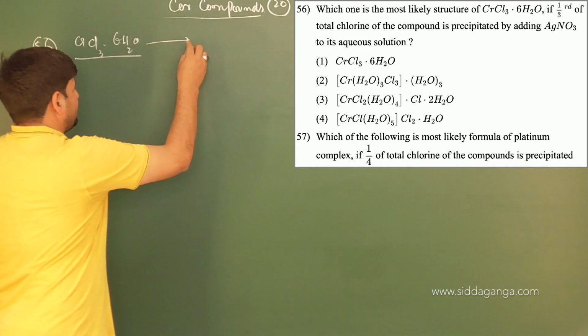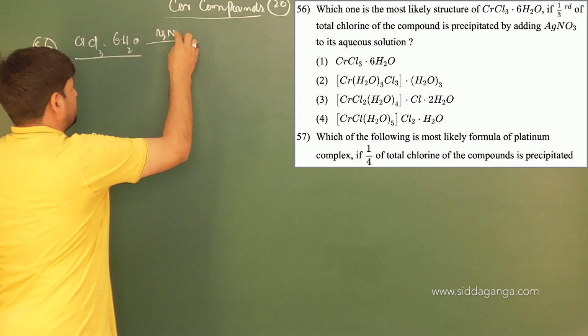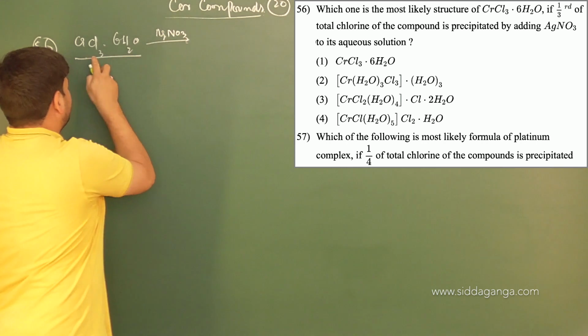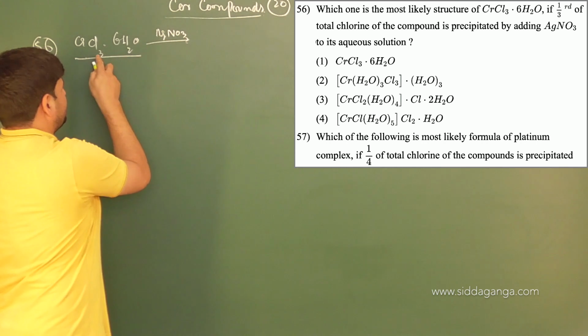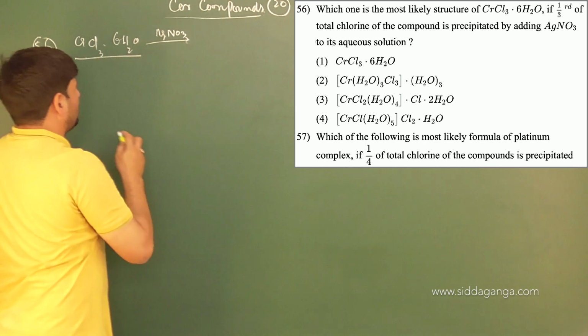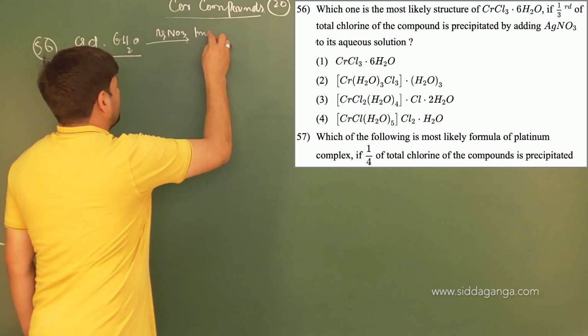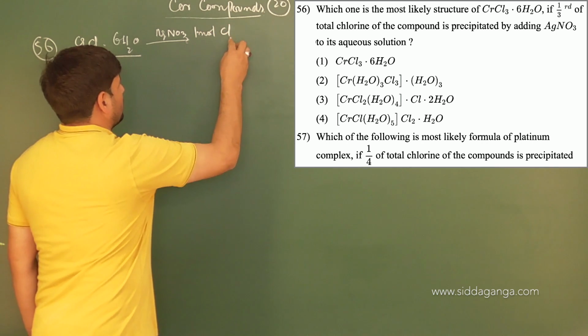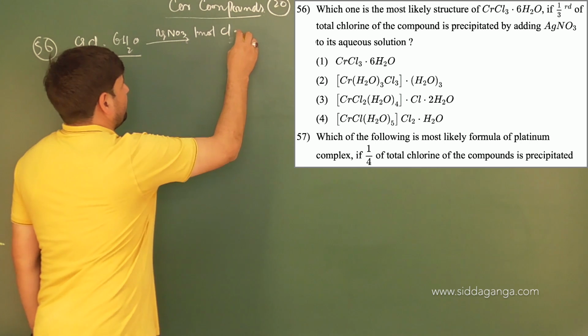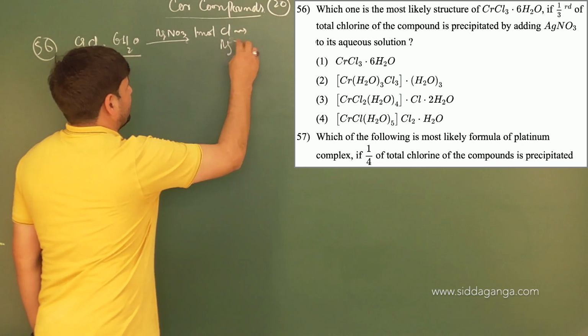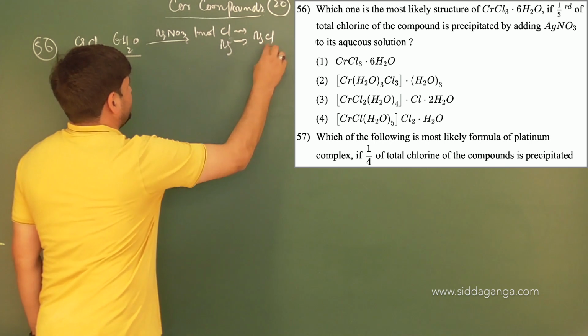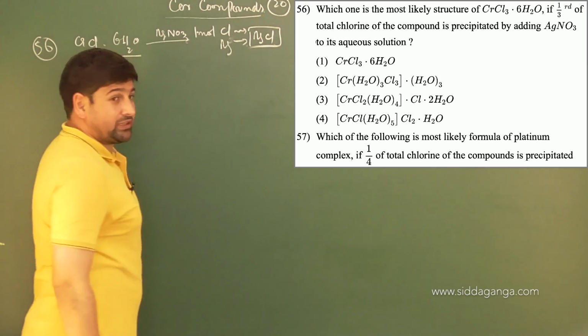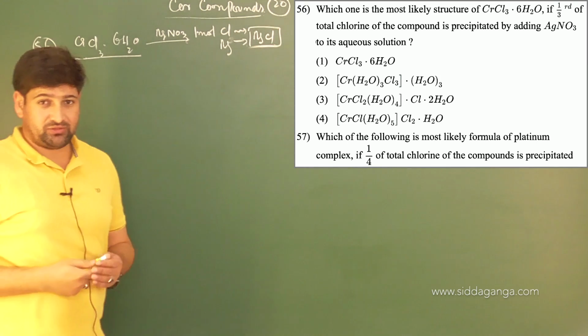So when you treat this with AgNO3, how many chlorine atoms are present? There are 3. So 1/3 of chlorine means you will get 1 mole of chlorine out. That 1 mole of chlorine will combine with silver to form AgCl, because 1/3 of total chlorine has been precipitated out.